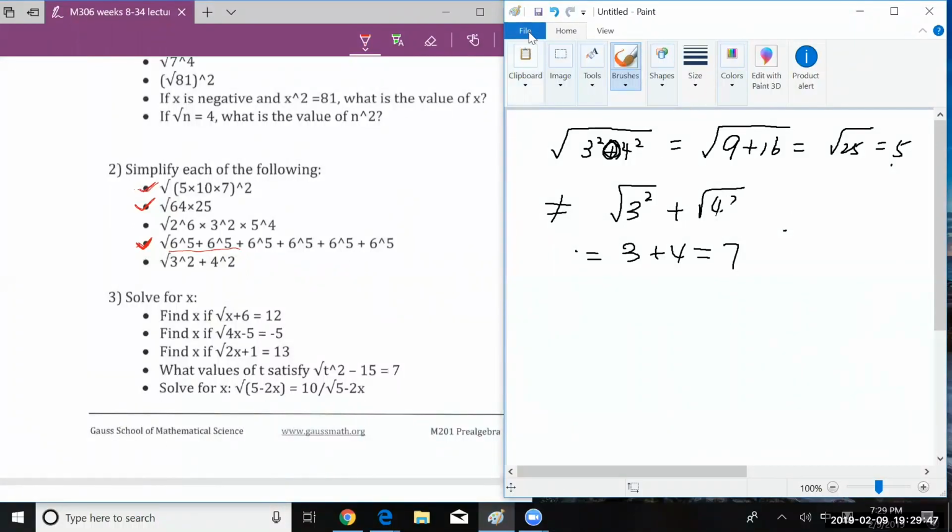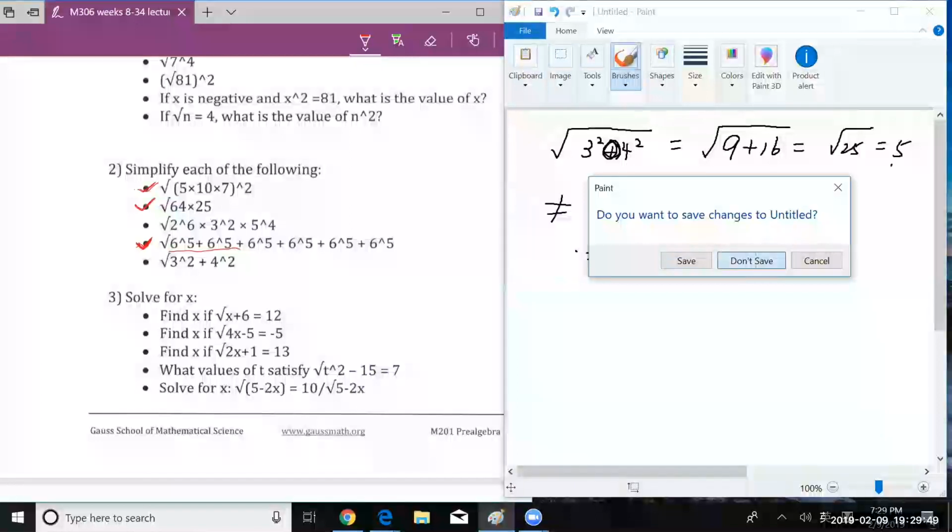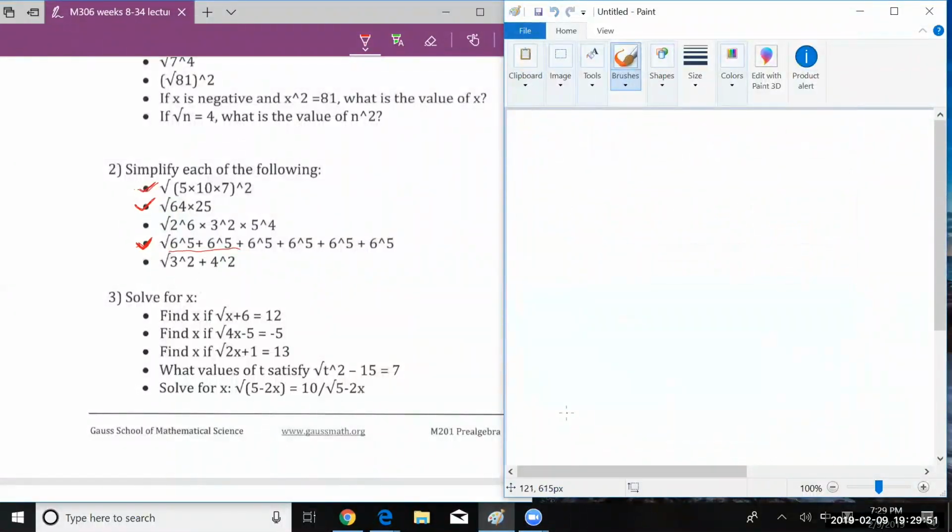All right. So let's move to the next part. Section number 3. I want to show you guys an example first, okay? I just realized that so far we did what we were not supposed to do with addition square root problems.